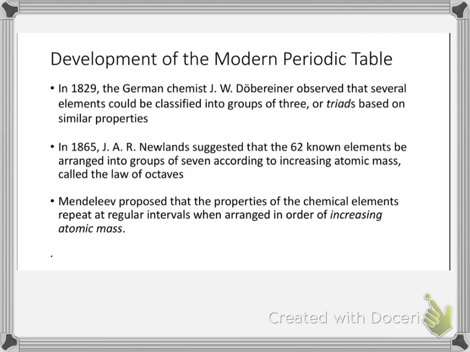So you would see these different chemicals with similar properties, and it wasn't a chaotic accidental repetition, but rather a periodic repetition of the properties. So there was a pattern, basically, to the similar properties. And again, he's talking about arranging them in order of the atomic mass, so from the lowest mass to the highest mass.